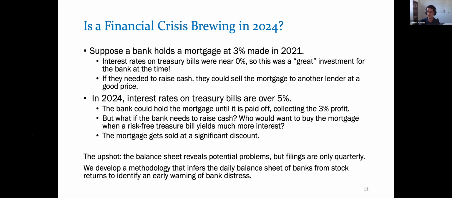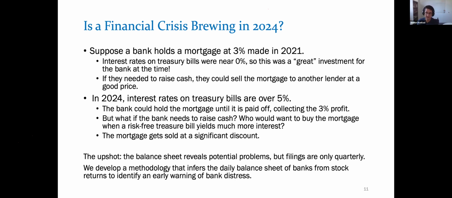Now, fast forward to 2024, the current year, and interest rates on treasury bills are well over 5%. And that 30-year mortgage that they made in 2021, that bank is still holding. They have to hold it for 30 years, right? It's only giving them 3% interest. But now government treasury bonds are worth way more than that. You can get basically double the interest rate right now just getting a risk-free bond.